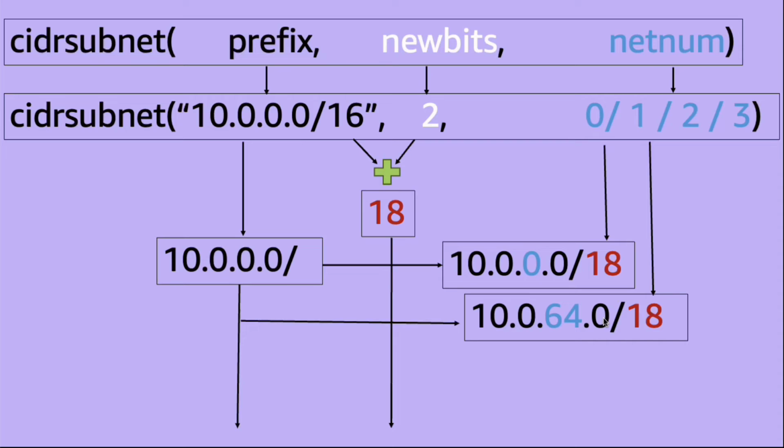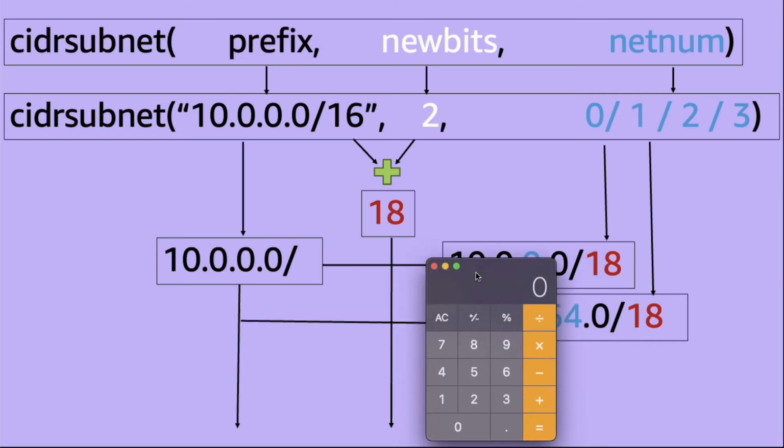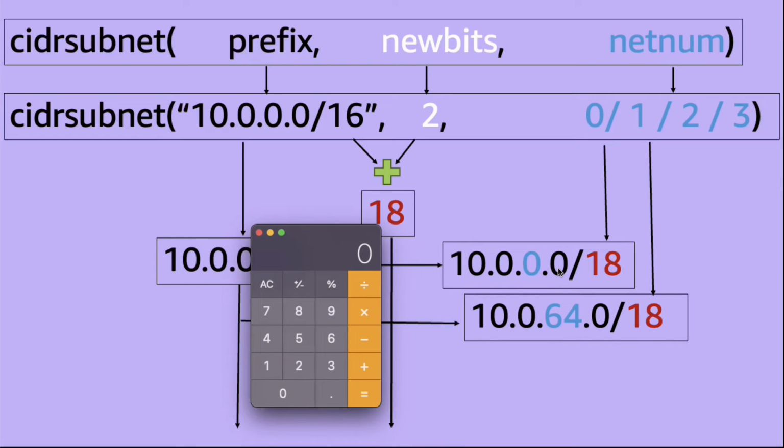So how does it work? Let me take a calculation. The third octet, the 0 in the four dots, has 8 bits. So 2 to the power of 8 is 256 IPs in this octet. Now, 256 multiplied by 64 gives 16,384, roughly 16,000 IPs.